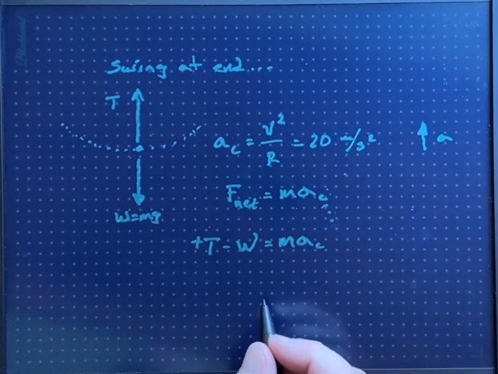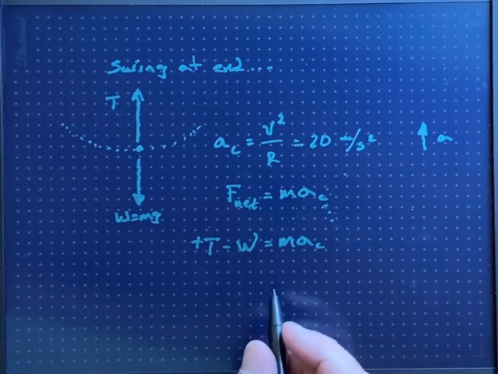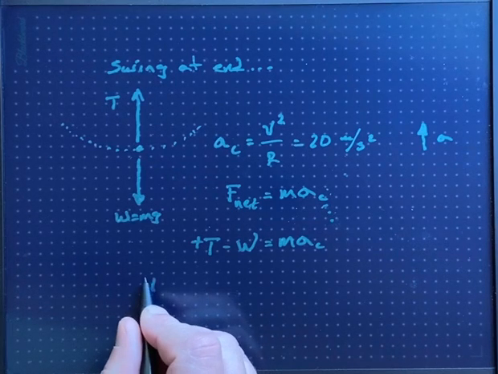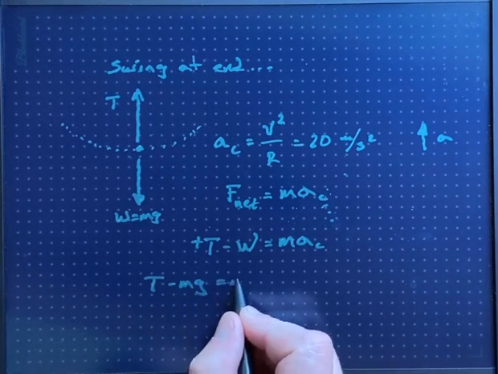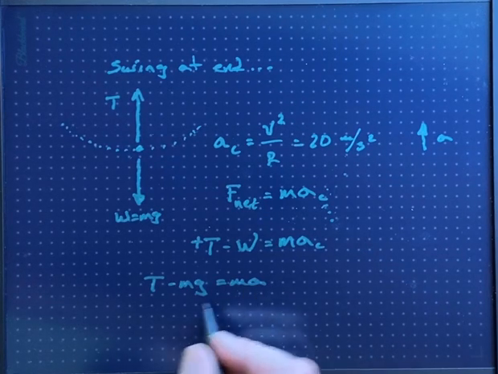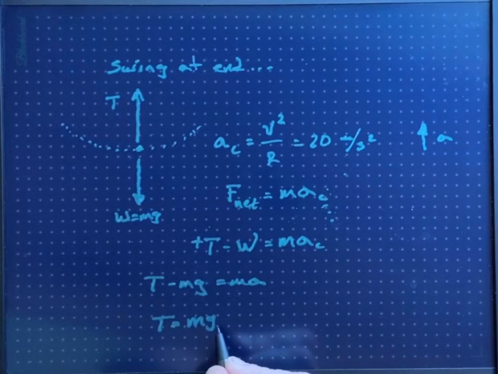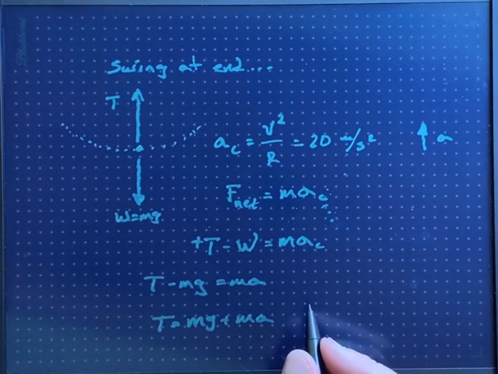So if you want to find the tension force, you can just plug in numbers for things at this point and work it all out. I can do it maybe a little algebraically. I would say the tension force minus mg equals ma. And then I would solve that for the tension force, which is equal to mg, the person's weight, plus ma, which is mass times the acceleration.